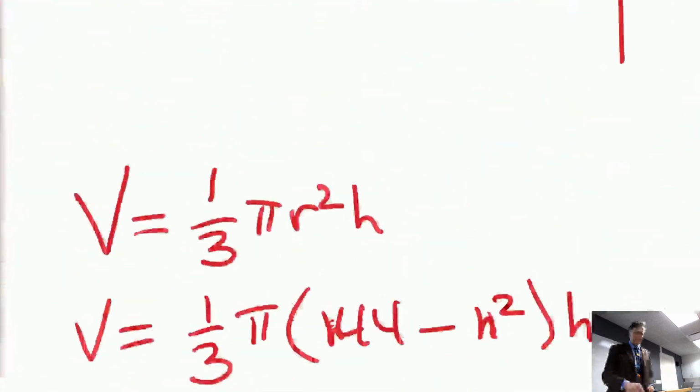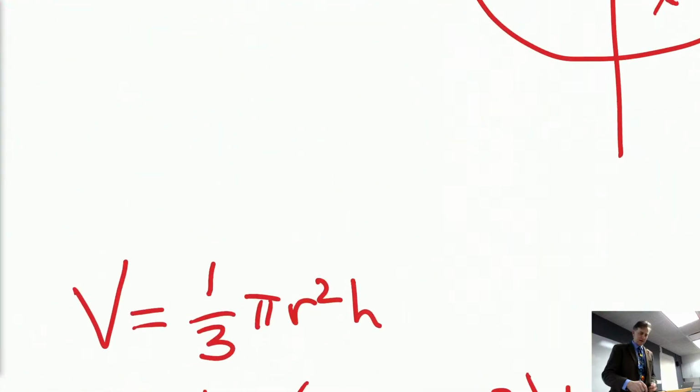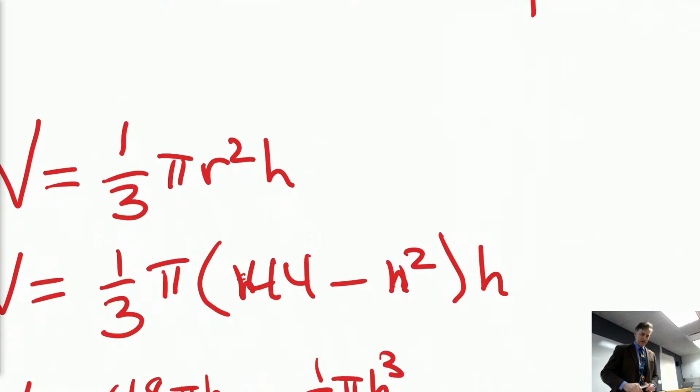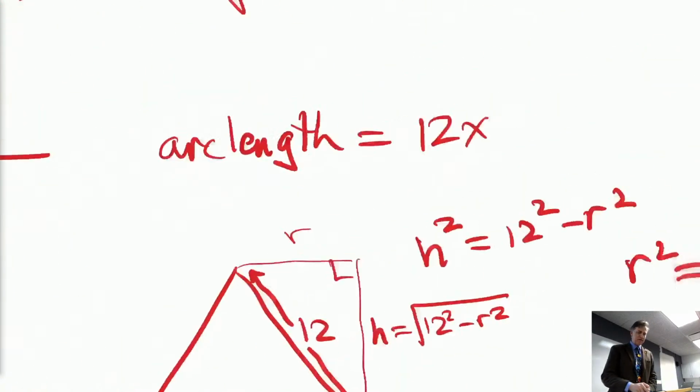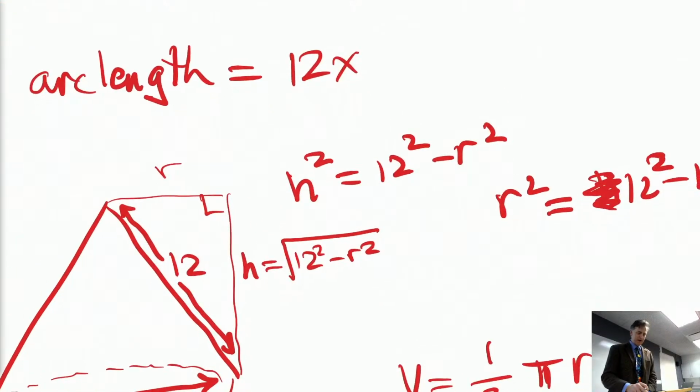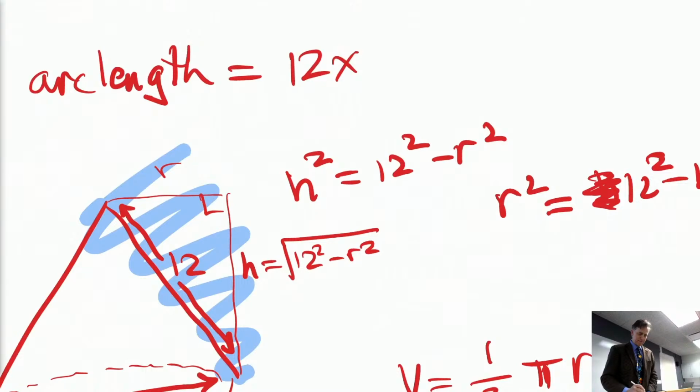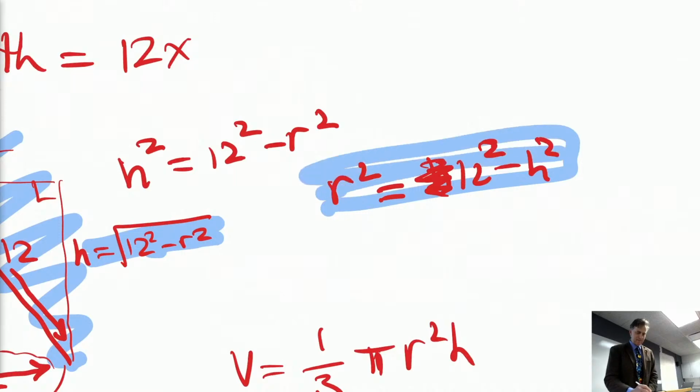But then this is Elena's method. So there's the volume of a cone, and then we have to substitute, get rid of one of the variables, and the variable we're going to get rid of is the R. So Ethan got rid of the H, but getting rid of the R is actually more efficient because you can take that picture, and you have this nice triangle here, which gives you this relationship using the Pythagorean theorem, or better yet, this relationship.